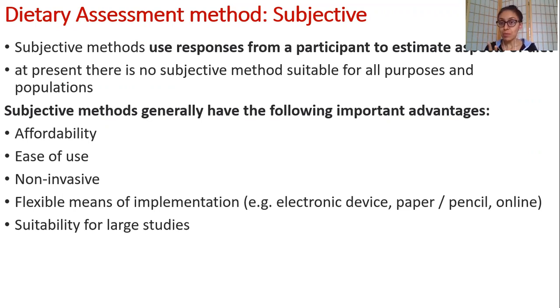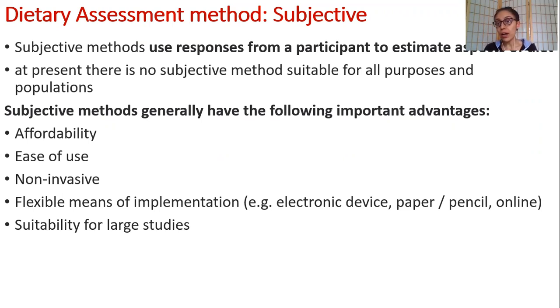I got confused between subjective and objective methods. In subjective methods, my apology, you are asking the participants to report their dietary intake data. Okay, so that is subjective. Yes, objective, as the term suggests, is much more accurate because it is an objective measure. Sorry about that, students. So yes, subjective methods is when you are asking the participants to self-report their dietary data.